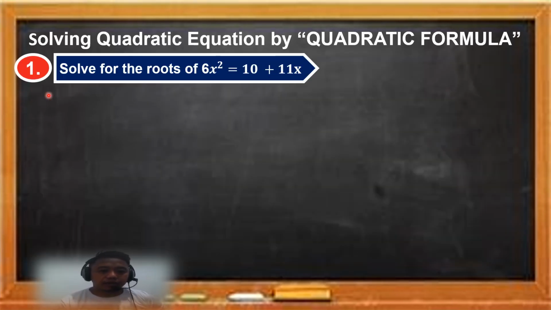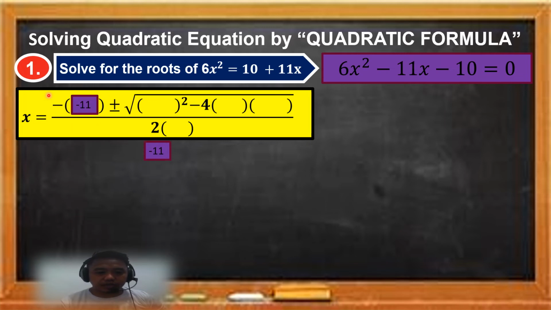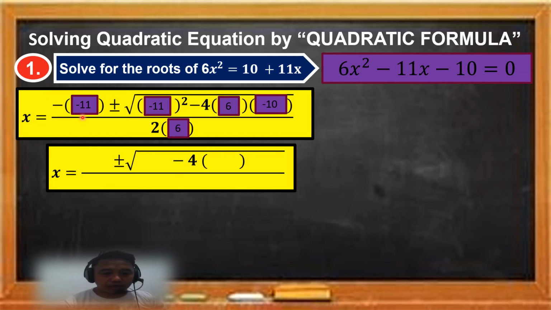So, we're still on our a. We earlier put negative 11, negative 11, 6, negative 10, 6. Now we remove the parentheses. Negative times negative, what is the answer? Positive 11. Then this one, you multiply by itself because of the exponent, so this will be 121. Then multiply the two inside the parentheses: 6 times negative 10 is negative 60.